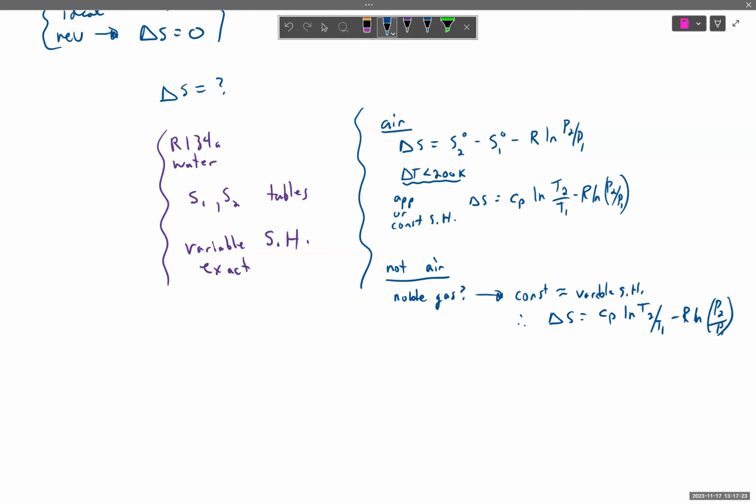If it's not a noble gas, we know that this is going to be an estimate because we're going to use that constant specific heat equation. So the delta S, Cp. Okay, just stop writing it. I'm getting tired of writing that. But we know that this is an approximation now. And it's true that we do have tables for some different substances, but not for us in this class.